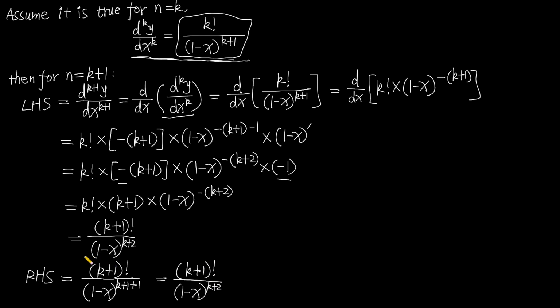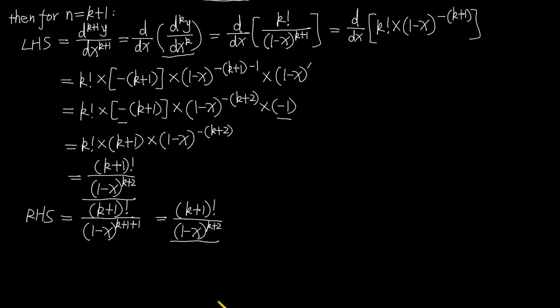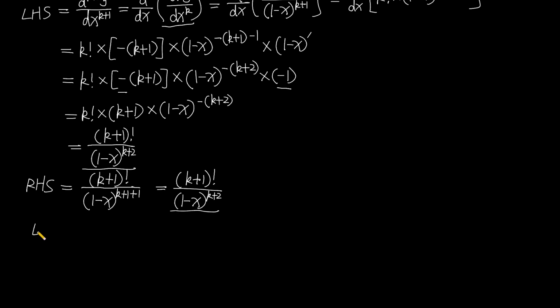So compare the left-hand side and the right-hand side. They are equal. So the left-hand side equals the right-hand side. The result is true for n equals k plus 1. Then conclusion.